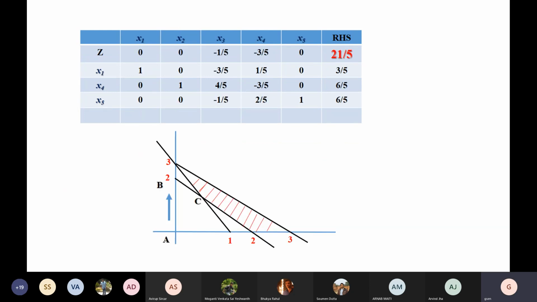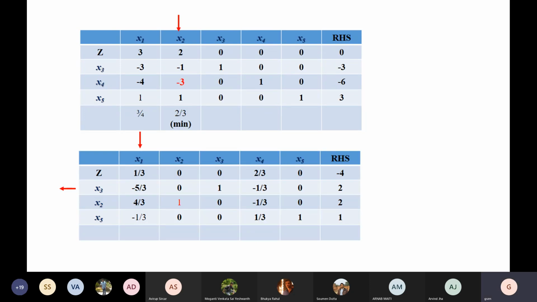So why is it iterating one more time here? It shouldn't iterate, because all the coefficients in the first column are non-negative, ideally.